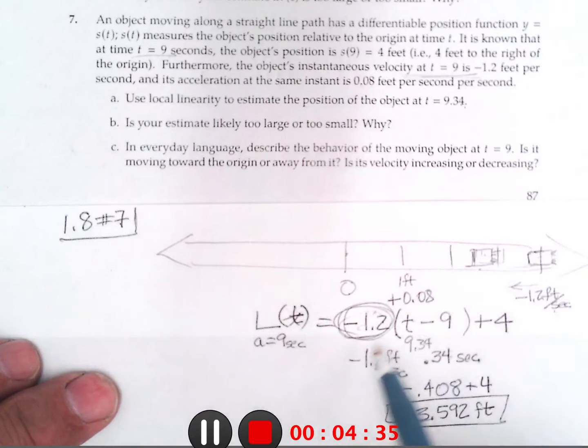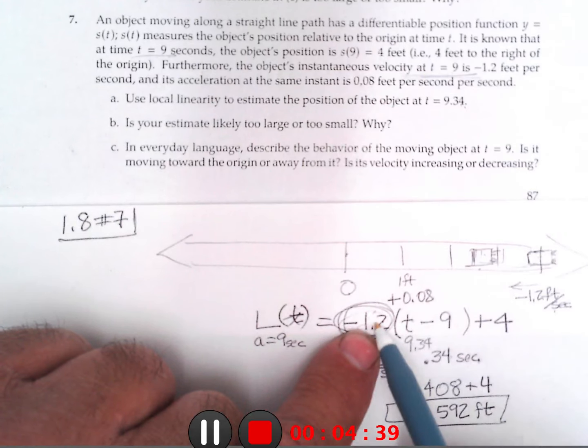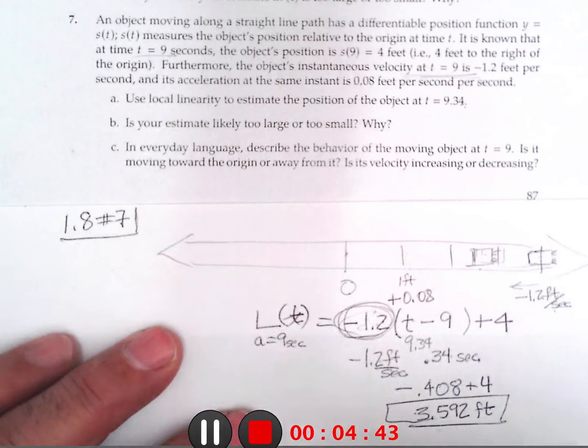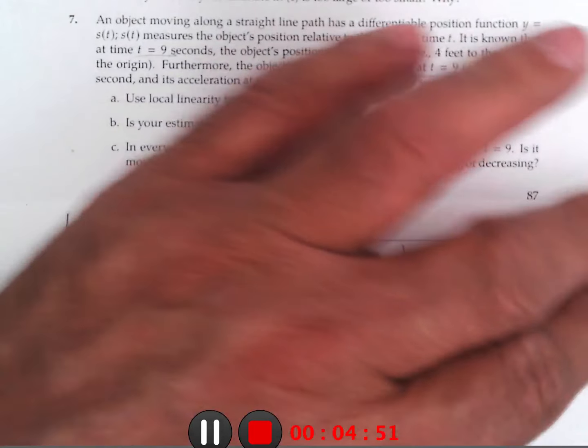So if you add that to this, we get a number that's less negative. So it's slowing down in its backwards motion. It's accelerating in the positive direction. So it's coming this way, but it's slowing down, and eventually, if it comes back far enough, it'll turn around and go the other way.